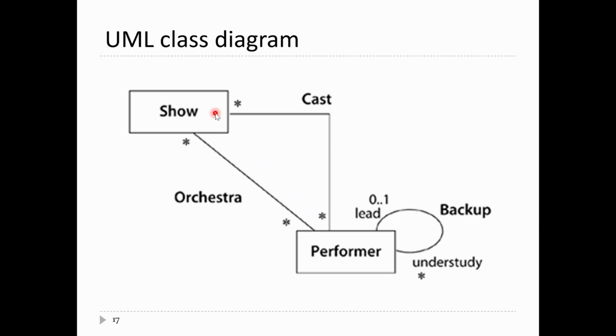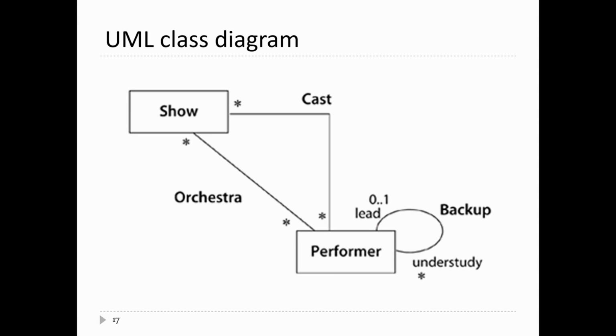A show, follow the line, can have 0 or more performers that are part of the cast. A performer can be part of 0 or more shows as part of the cast. So they can be an actor in 0 or more shows. A show can have 0 or more actors.